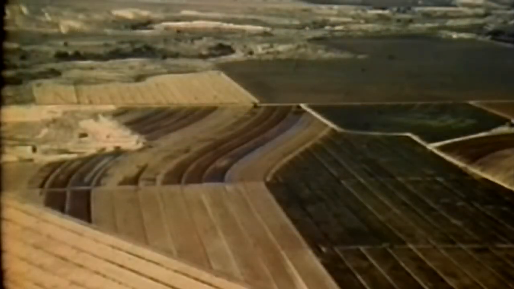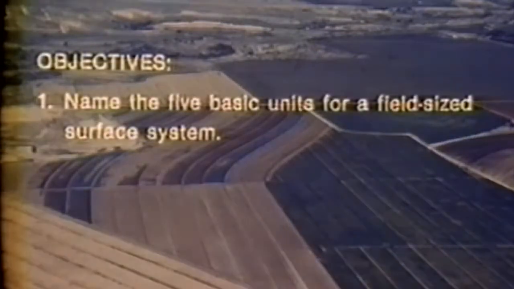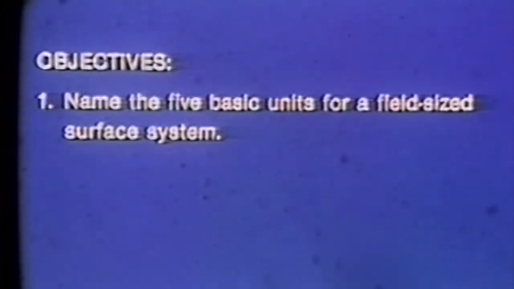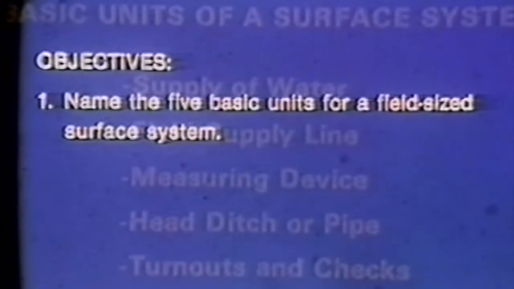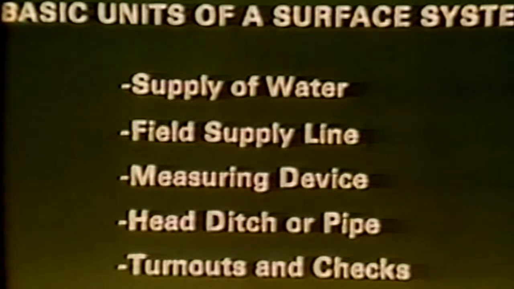The factors you have learned from this section will help you decide which system to use for the surface method. In summary, there are normally 5 basic units in a field-sized surface system that are common to all types. They are a source of water, a field supply line, a measuring device, a head ditch or pipe, and turnouts and checks.